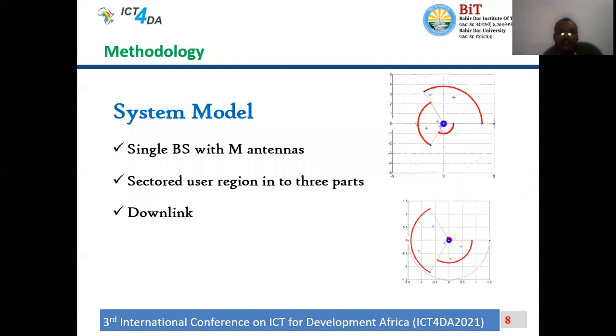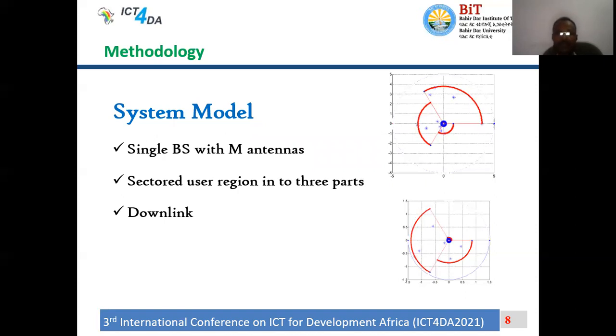And therefore, our system model to achieve the desired objective looks like this. We considered a single base station with M antennas. In fact, this number of antennas can be any number, but in our particular case, we considered from 64 to hundreds and thousands.